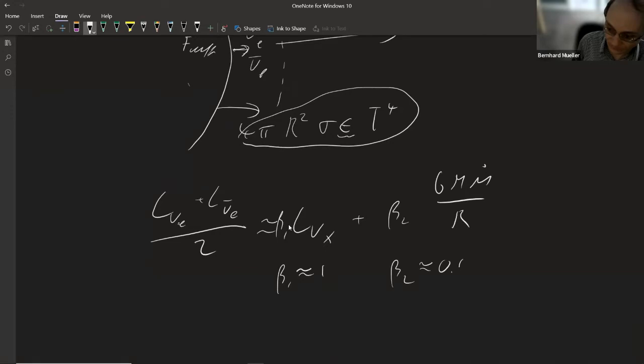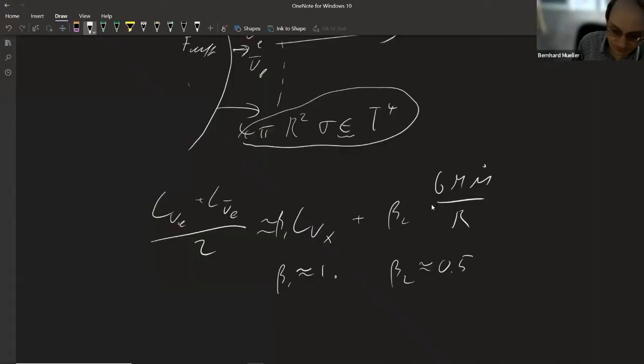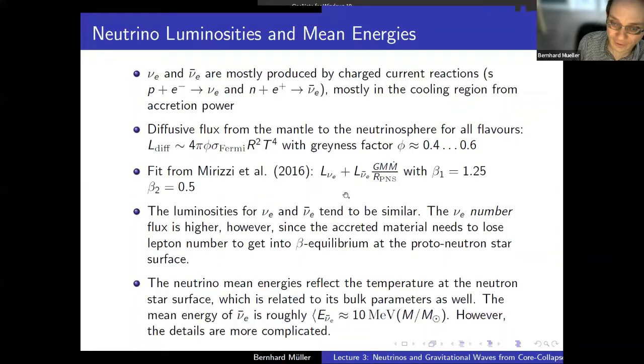It's of order 0.5. Yeah, this first factor might be a little higher. So the gray body component for the nu e and nu e bar emission actually has a somewhat different grayness factor effectively than that of the heavy flavor neutrinos.